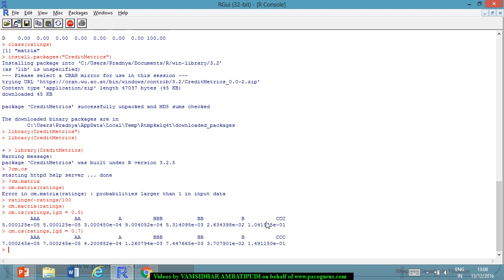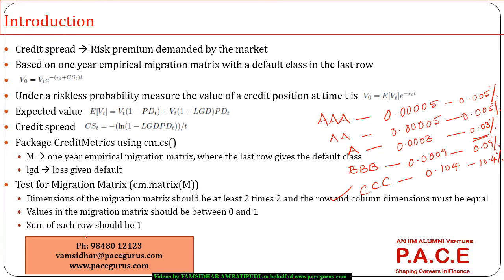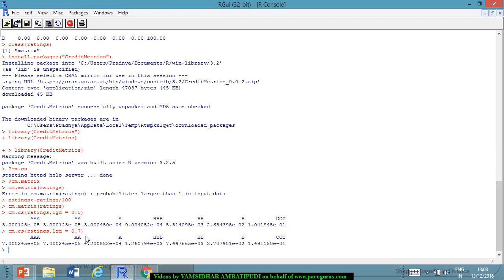For each of the levels, the spread that has been set aside has gone up quite heavily. That's based on the LGD. Now, instead of 1 year, if I want the same exercise for 2 years, 3 years, etc., then it's better that I find out the 2 year transition matrix.